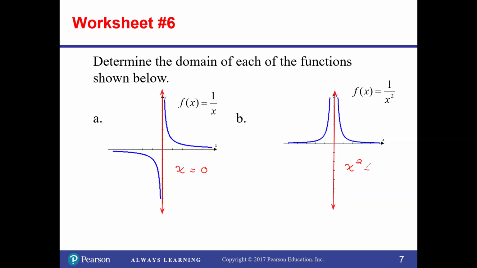Same thing, if it's x squared equals 0, set the denominator to 0, that means x would have to be 0 to make the denominator 0. So my domain for both of these is all our x's with the exception of 0. So we would say we have everything from -infinity to 0, and then 0 to +infinity.